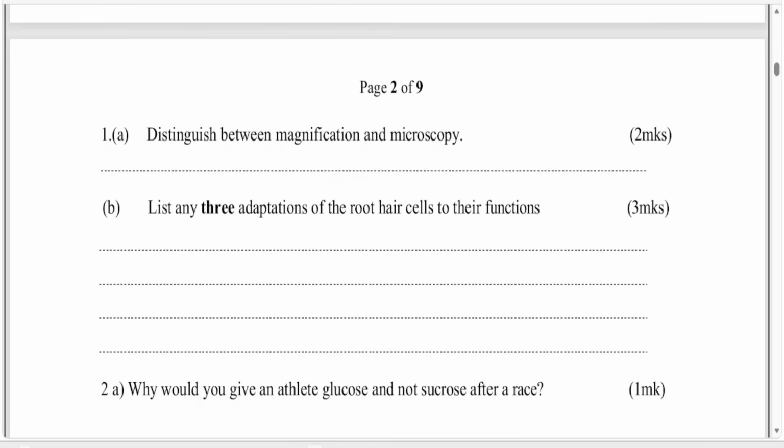So how do we distinguish the two? I'm going to use the simplest terms possible for you to understand. So we are going to define magnification.